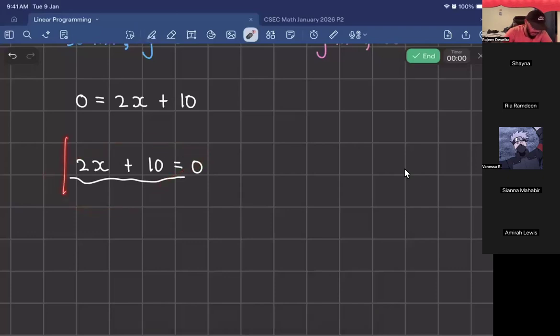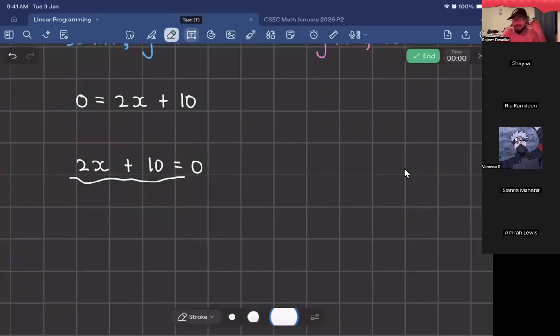Is x the only thing over here? No, sir. Ria, I see something else other than 2x. The 10. Should it be there or not? I guess it shouldn't be there.